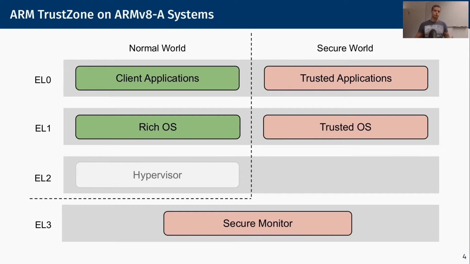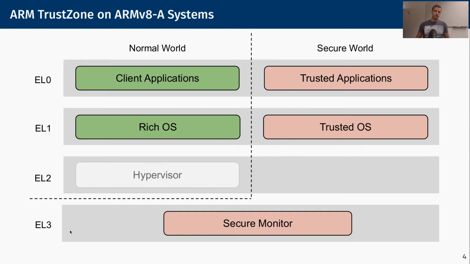Just a little refresher: modern ARM-based devices have four different privilege levels, which are called exception levels. As you can see on this image, exception level 0 is the lowest privilege level, and exception level 3 is the highest. You are probably familiar with the left side here, which is the normal world software stack. Everything indicated in these red boxes belongs to the trusted execution environment.